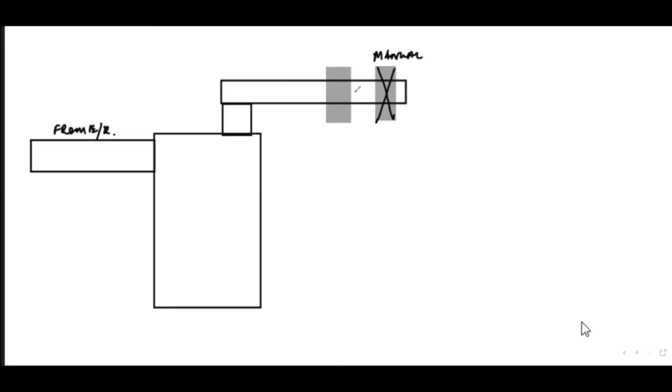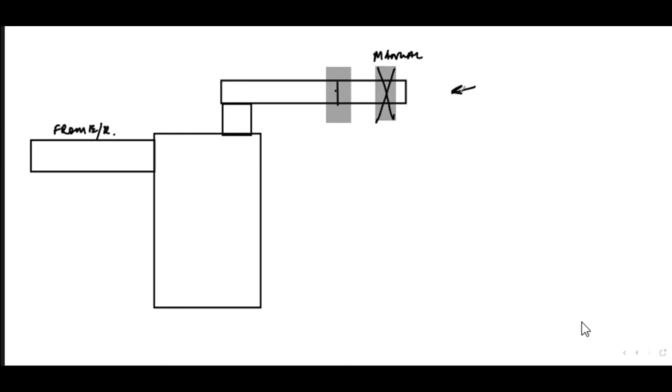If you open, the gas can go in whichever direction you want. Now this one is a non-return valve. How it works: there will be a flap here. As long as there is no flow from any side, the flap is closed.